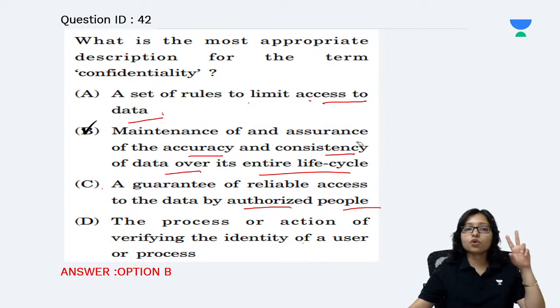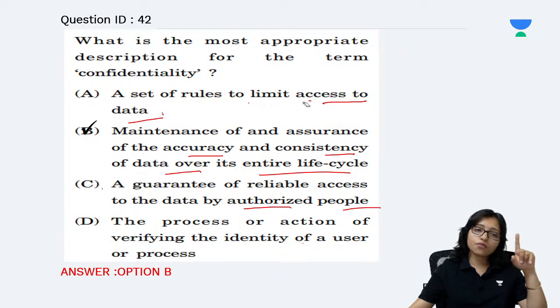There are 4 options. Guarantee of reliable access to data by authorized persons. Here, the set of rules to limit the access to the data, that is a reference. Maintenance and assurance of data over the entire life cycle, this is consistency. Durability, the process of verifying and identifying the user.